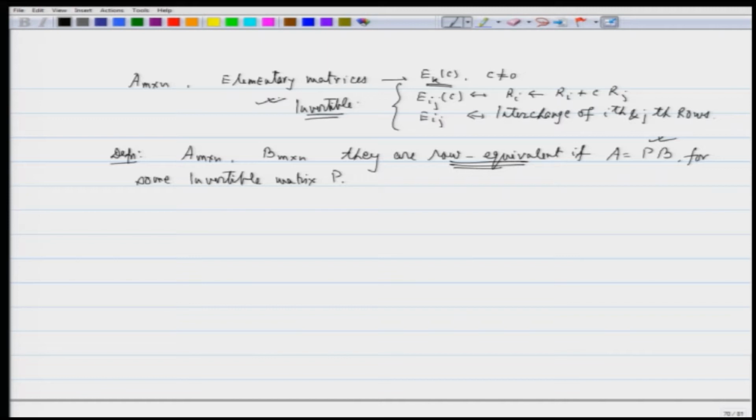What turned out was that elementary matrices are invertible. So, when we try to solve the system, we could write the augmented matrix A B. So, we are solving the system A x is equal to B, then you have the corresponding augmented matrix. We went to RREF and got the matrix C D, and going to this was basically multiplying by a sequence of elementary matrices.